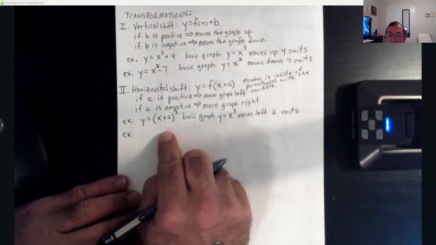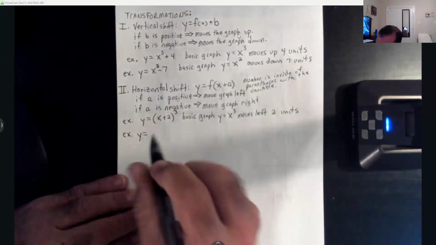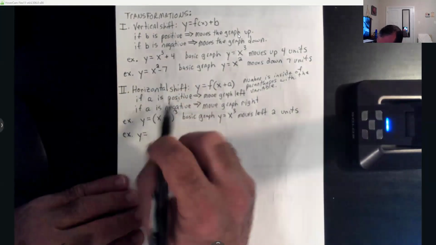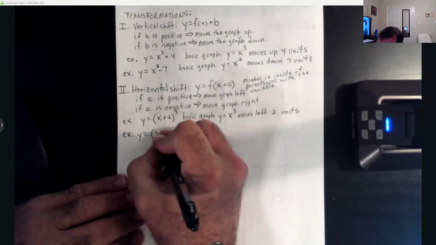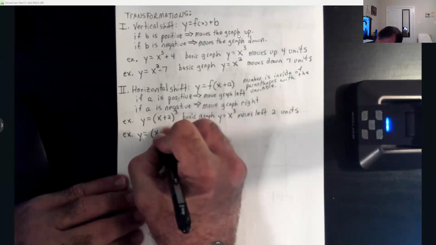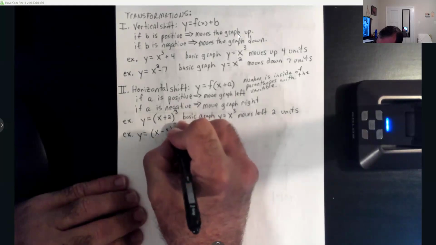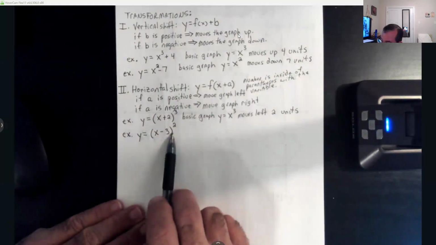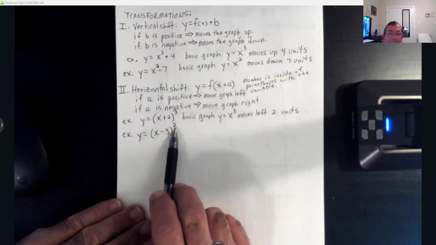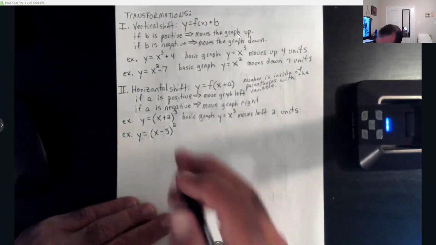And then let's do one subtracting. How about y equals, oh, and I'll do the x squared again. How about x minus 3, squared? So the basic graph, you see an exponent of 2, so that's going to be the x squared graph.